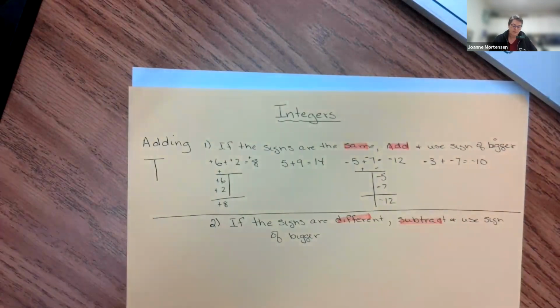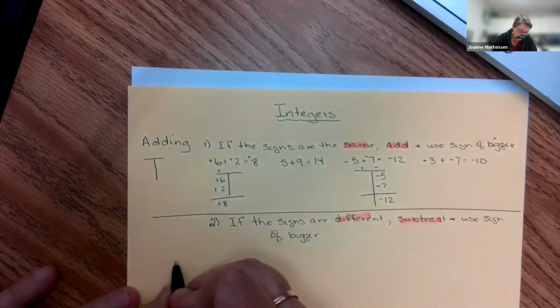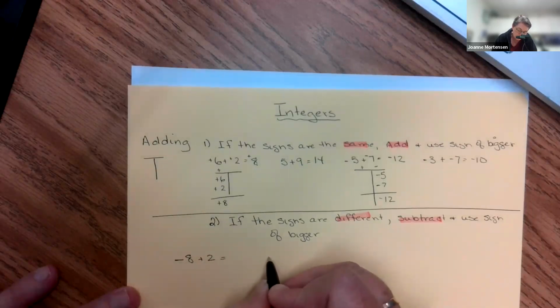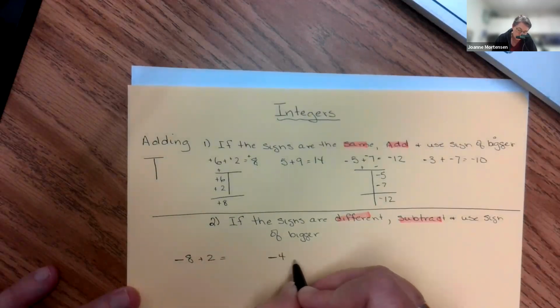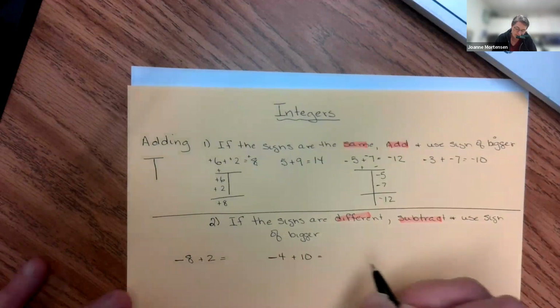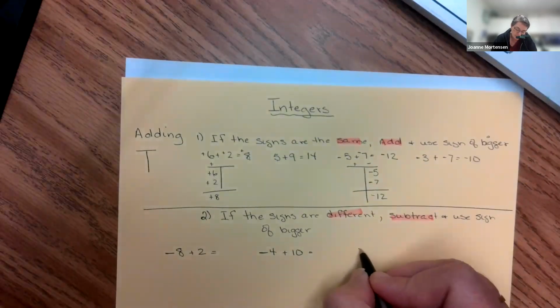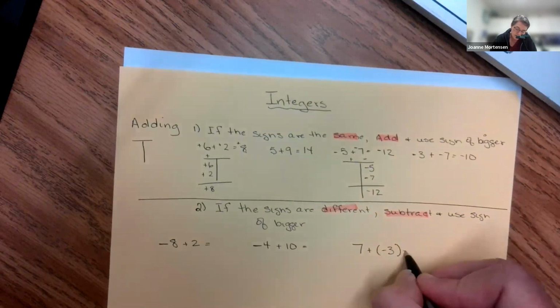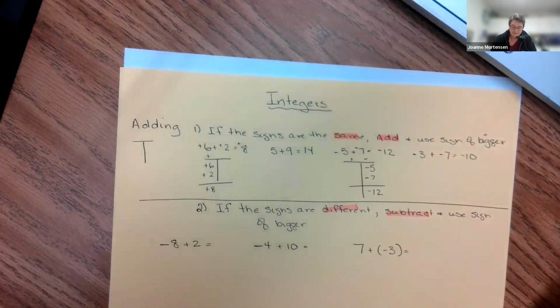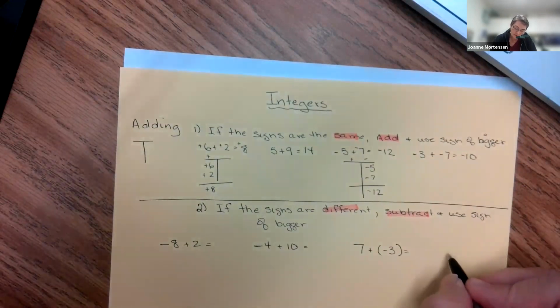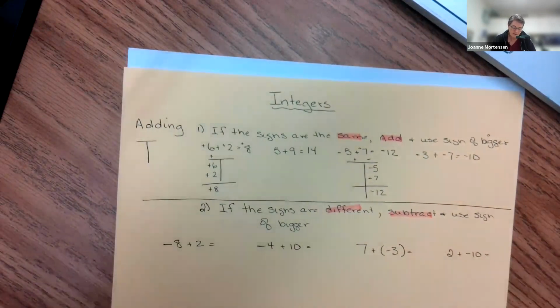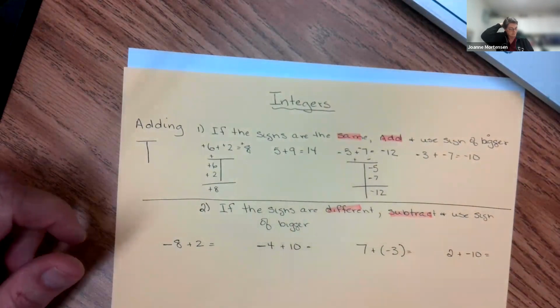I'm going to use the sign of the bigger one. So minus 8 plus 2, minus 4 plus 10, 7 plus minus 3. And what other option have we got? 2 plus minus 10. There. I think I've written them all possible ways.